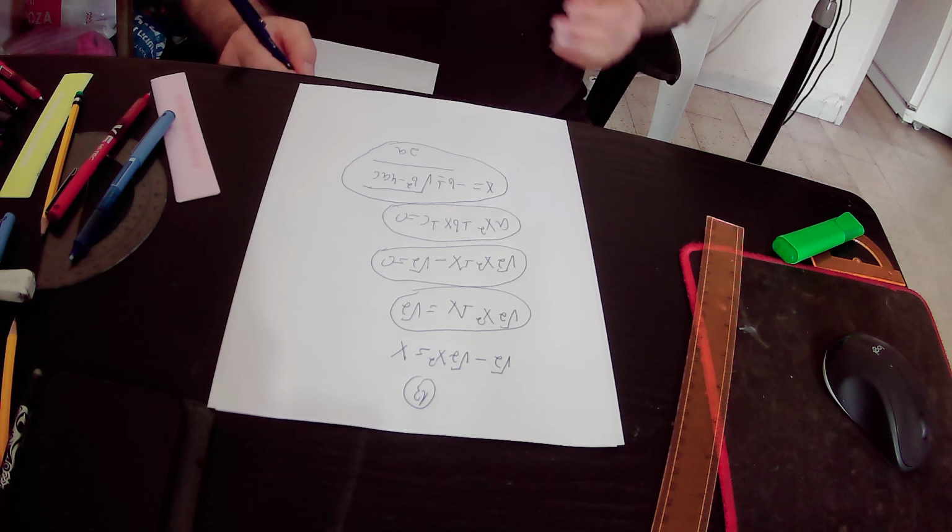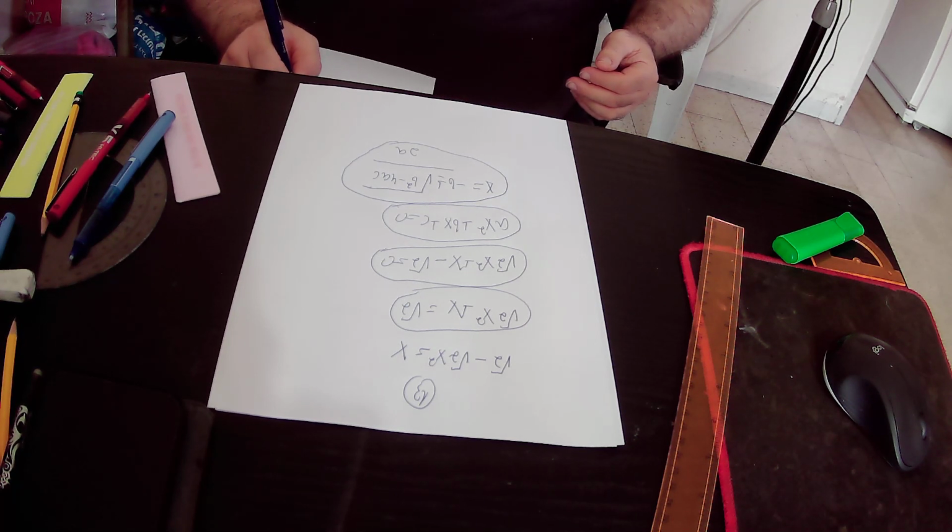B squared is 1 squared, which is 1, minus 4 times a, which is root 2, times c, which is minus root 2, over 2a, which is 2 times root 2.